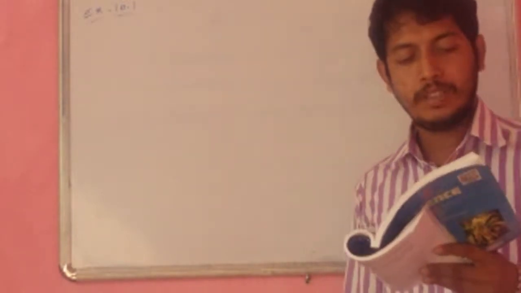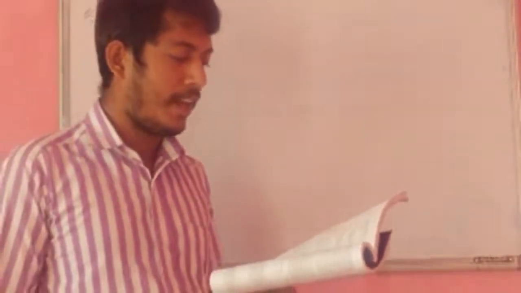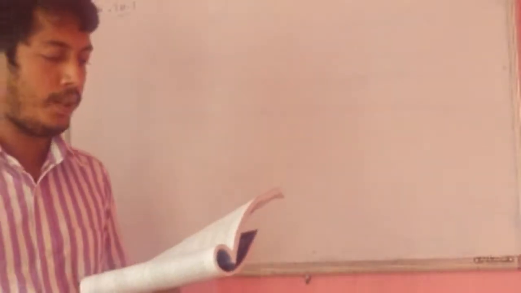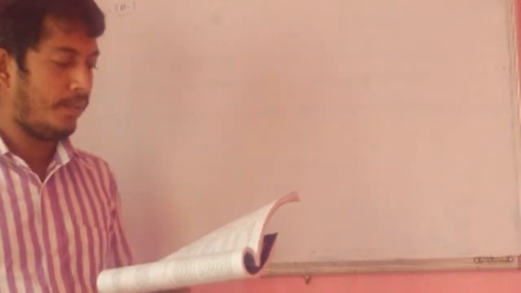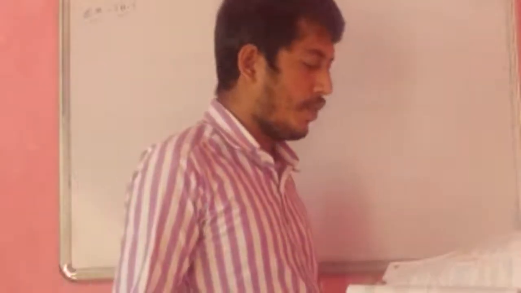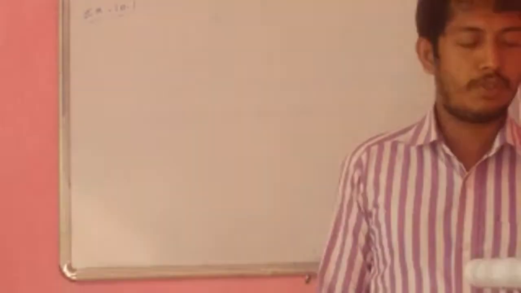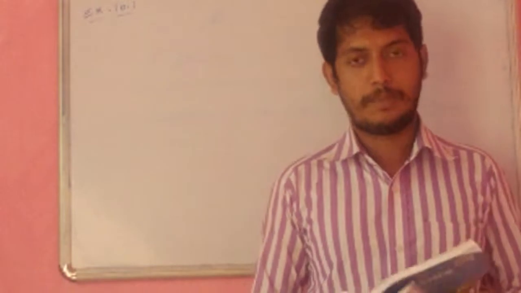And that of the moon is 7.4 into 10 raised to 22 kg. If the distance between the earth and the moon is 3.84 into 10 raised to 5 kilometer, calculate the force exerted by the earth on the moon. And given that the G value is 6.7 into 10 raised to minus 11 Newton meter square per kg square.